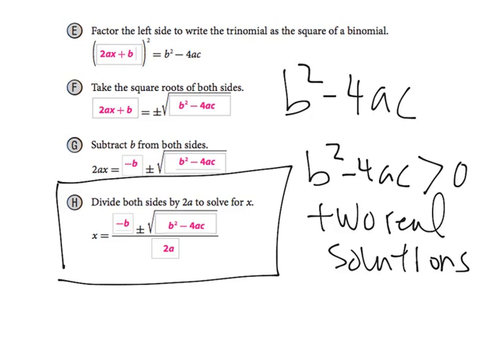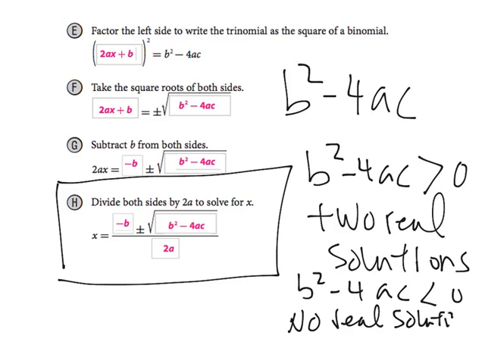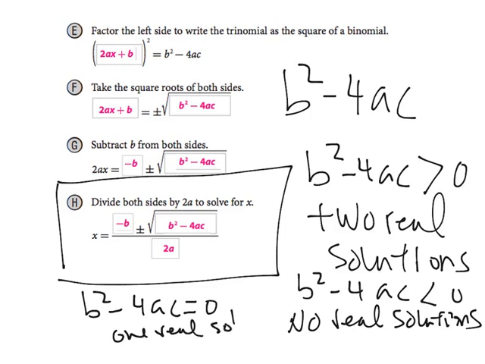If b squared minus 4ac is less than 0, then we have no real solution. And if b squared minus 4ac equal to 0, then we have one real solution.